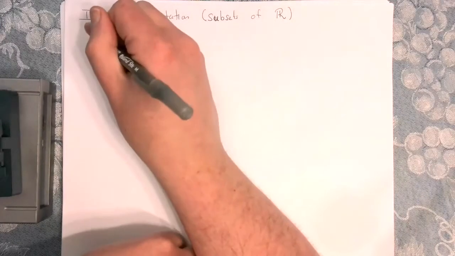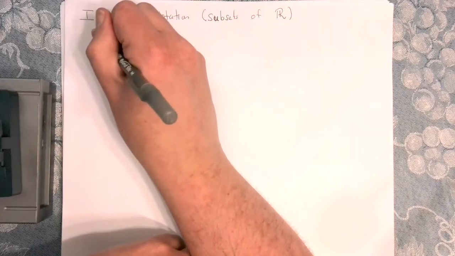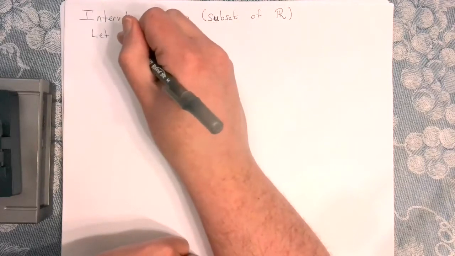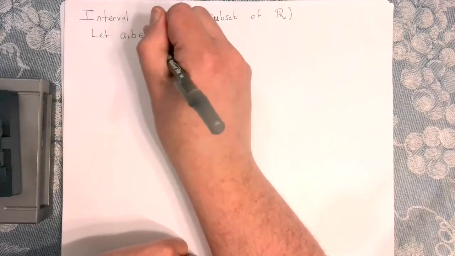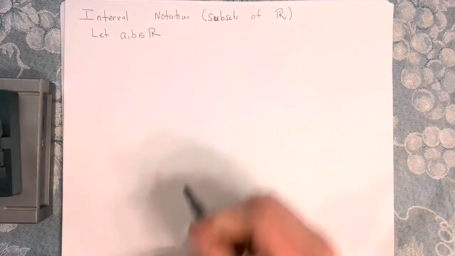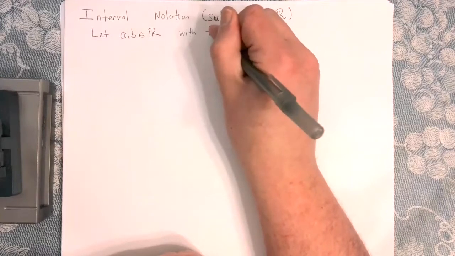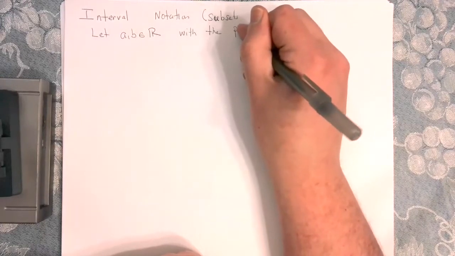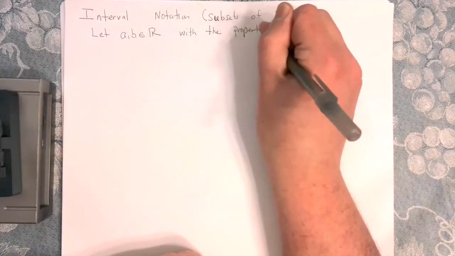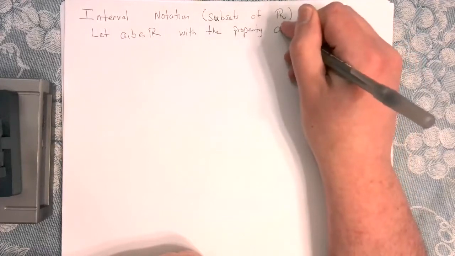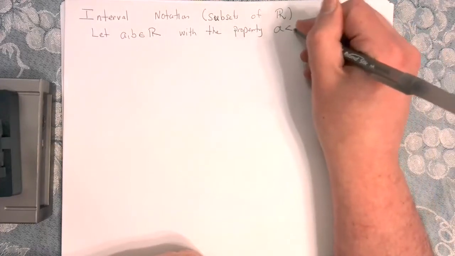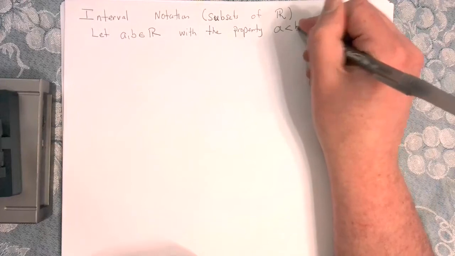Okay, so I want to start this off in a very particular way. I'm going to say let a and b be real numbers with a particular property. I want a to be strictly less than b.